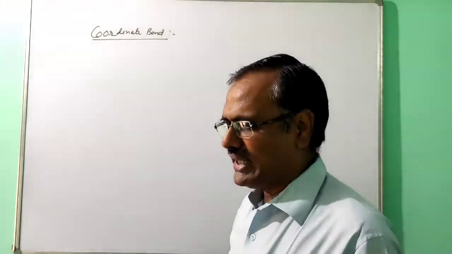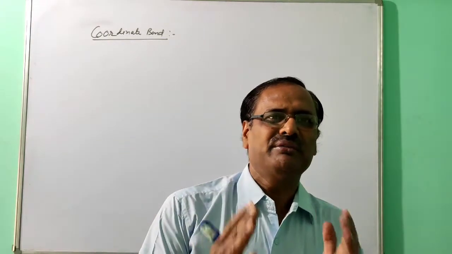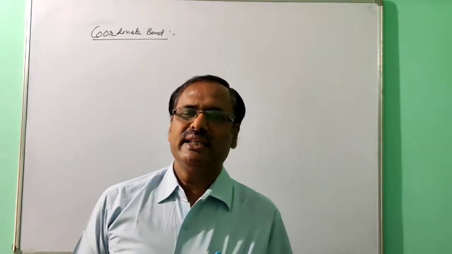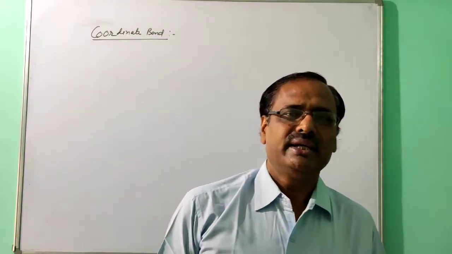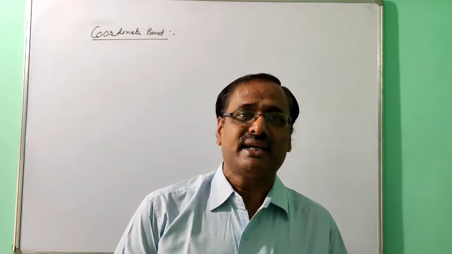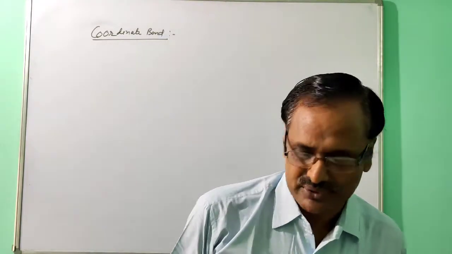So what is a coordinate bond? This is a special type of covalent bond. In the covalent bond you have seen that mutual sharing takes place. Here also sharing takes place, but the shared pair of electrons is contributed by one atom and shared by both the atoms.